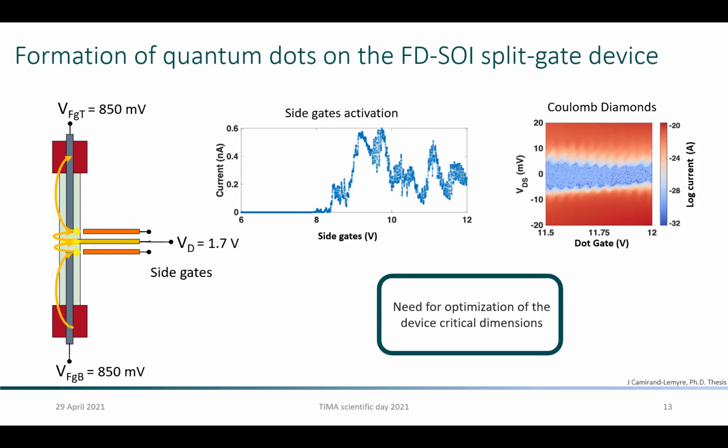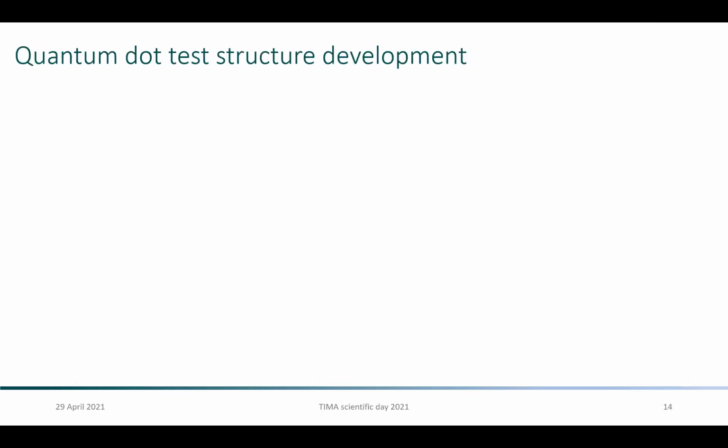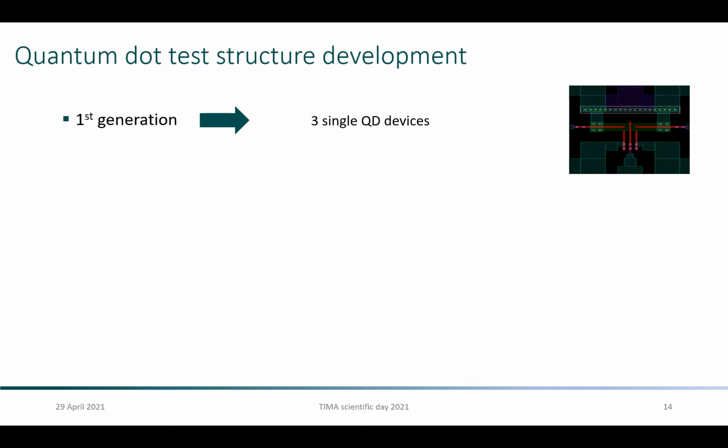And here is where I come in. On the first generation of my multi-project wafer devices, I designed and fabricated 3 different types of quantum dot test structures with reduced dimensions.